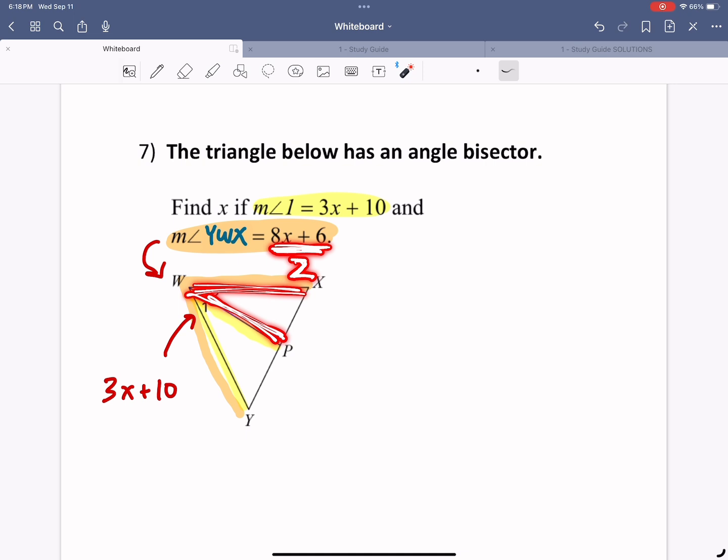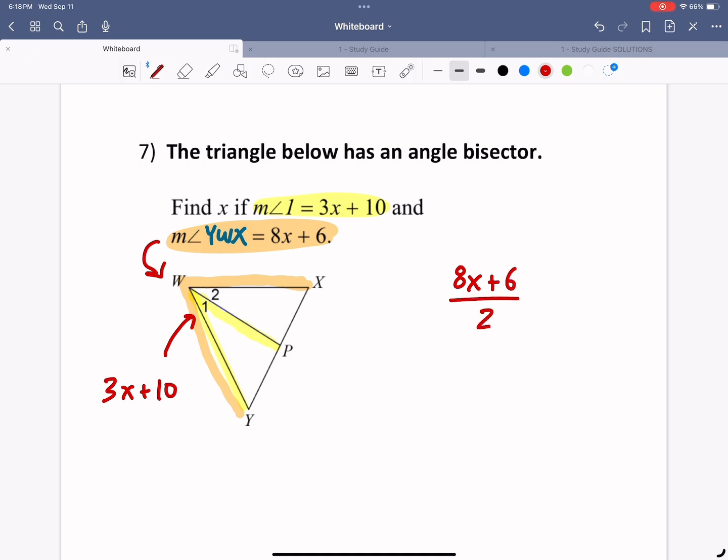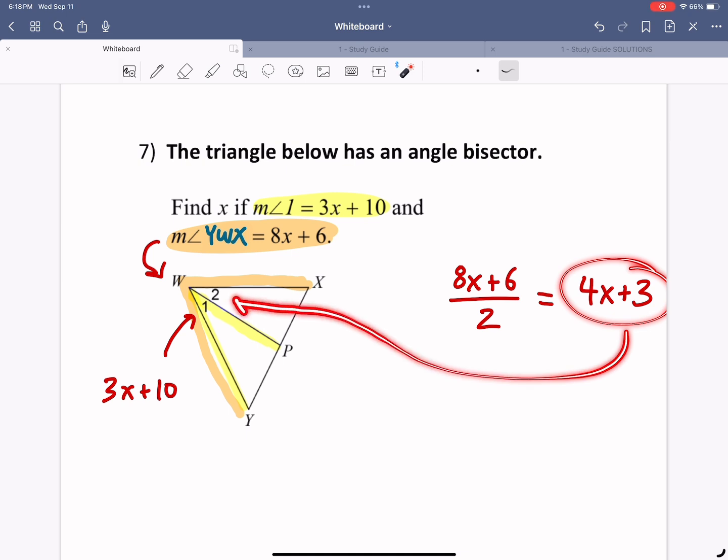It should be cut in half. Think about it. If you have 8x plus 6 and you cut it in half, then you're going to end up with just angle 2. So if you divide that angle by half, that's going to give you 4x plus 3.